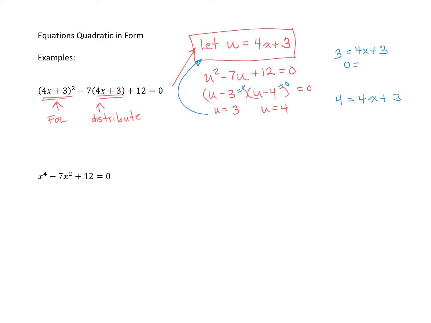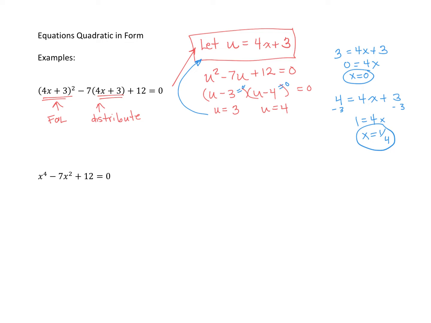And so if I solve these, I end up with x is 0, and x is 1/4. So I still get two answers, but by making that substitution, I have simplified things for myself. This one was pretty straightforward.